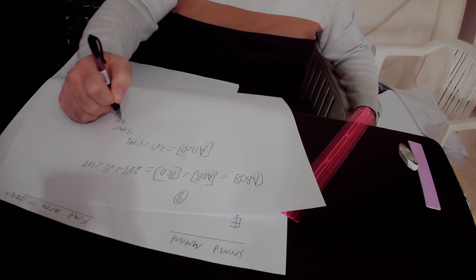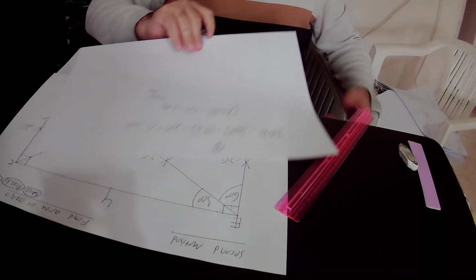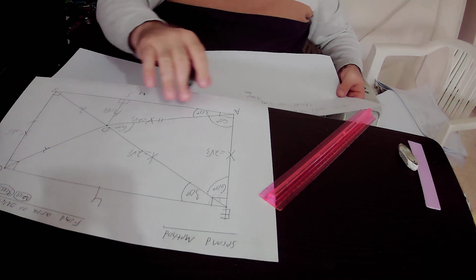We found out the area of quadrilateral ABCD in two different methods.